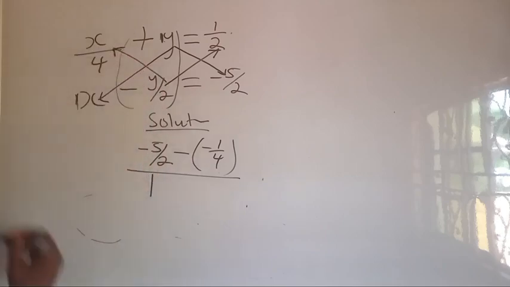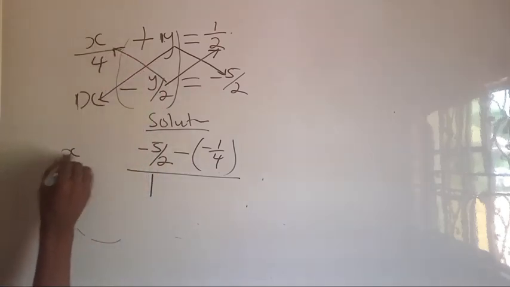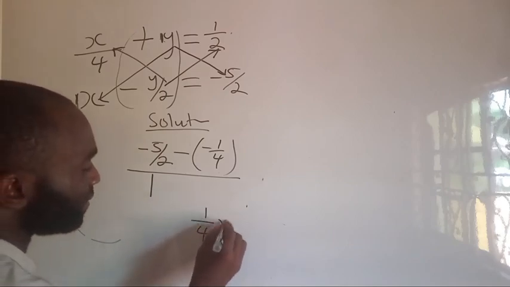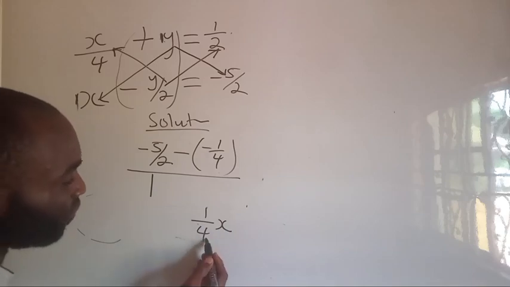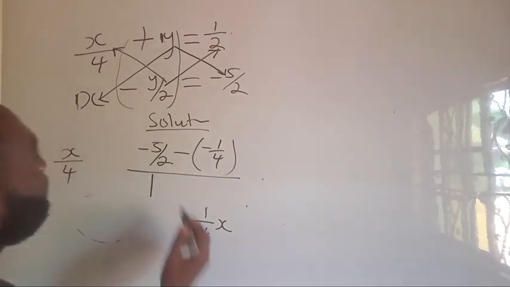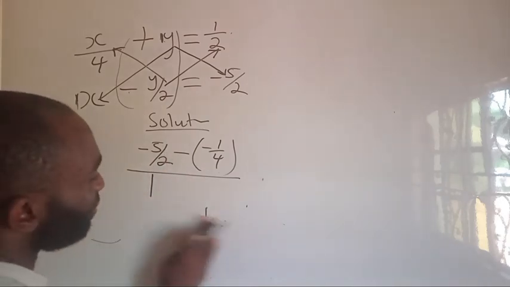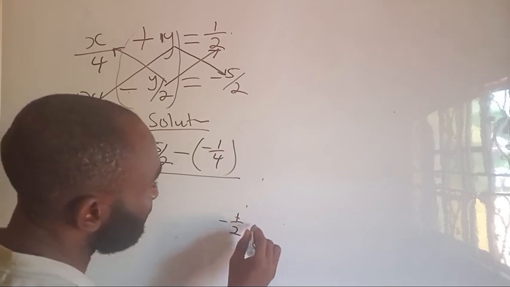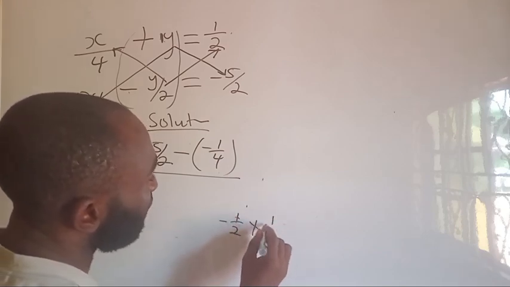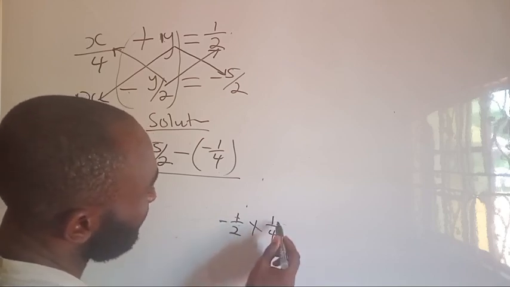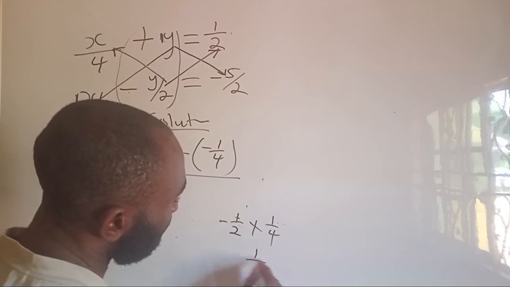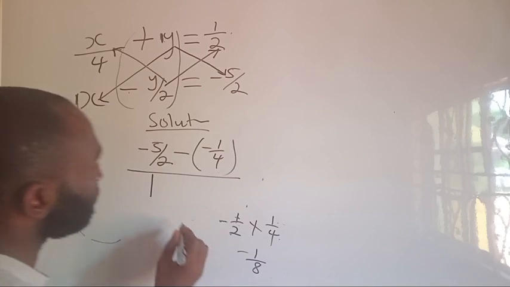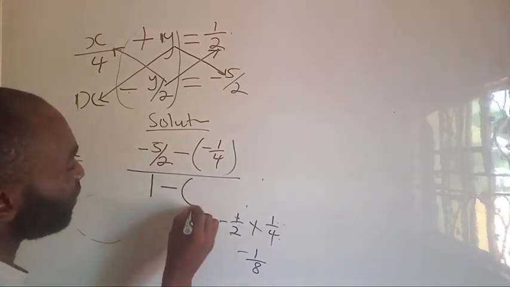Then we are going to this side again. We know that x all over 4 is the same thing as 1 all over 4x. So the coefficient is 1 all over 4, right? So now minus 1 all over 2 is multiplying 1 all over 4. Minus 1 times 1 is minus 1. So 2 times 4 is 8, which means here too we are going to have a minus sign.